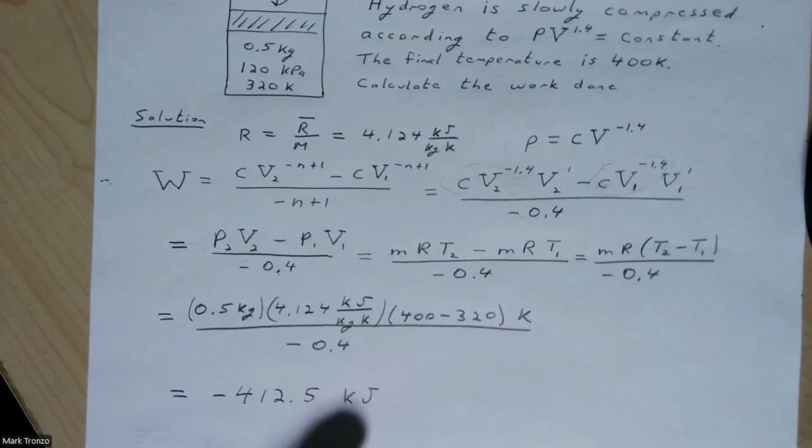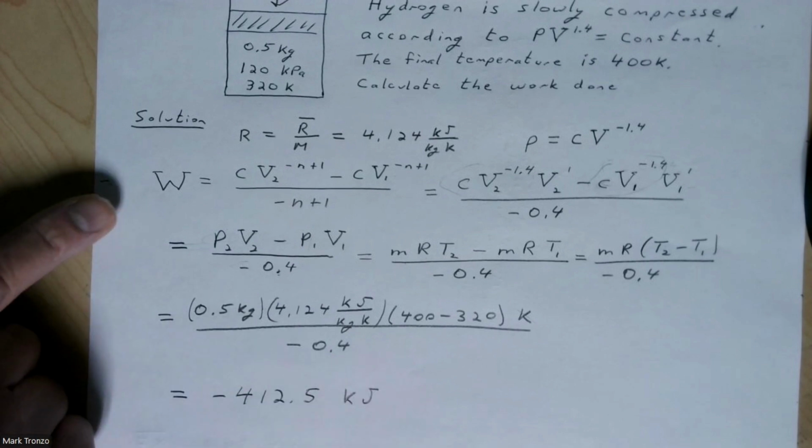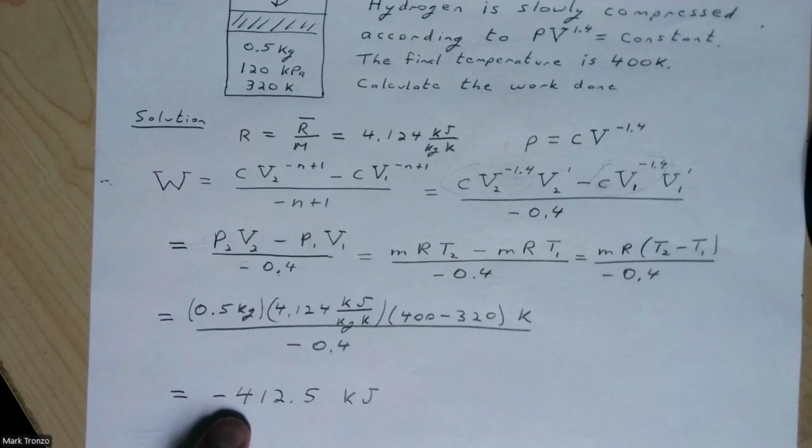And of course, think about the units. Joules, that's the unit Newton meters, and Newton meters would be work. So the total work done is negative 412,500 Newton meters, or negative 412.5 kilojoules.